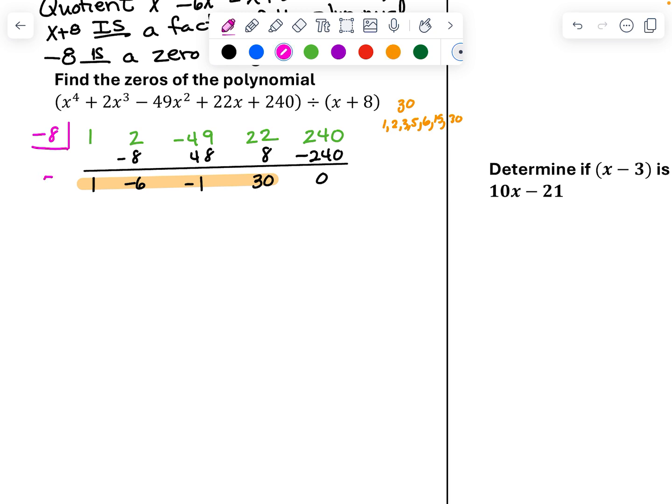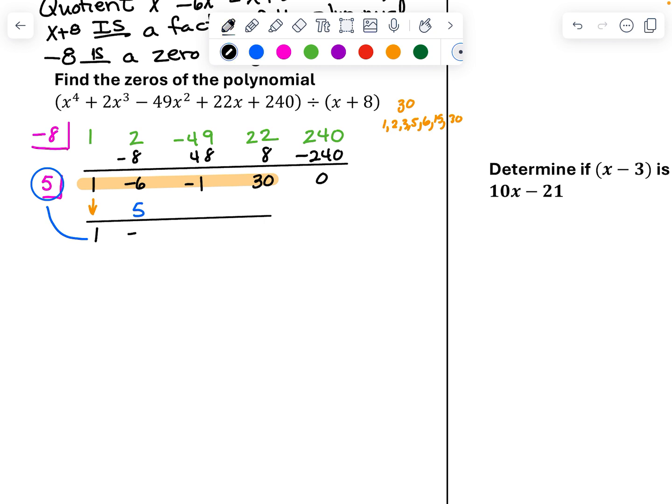So I'm going to put 5 in the box and put my equals bar, and do the multiplication. The first number comes straight down, which is 1. Then I'm going to multiply 5 by 1, which gets me 5.